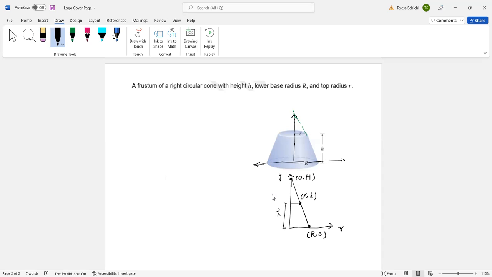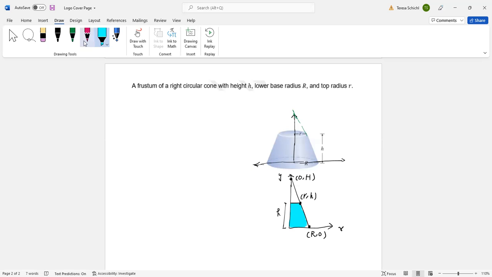Now I have r and h, and R and 0. This is the frustum, like we cut it here.